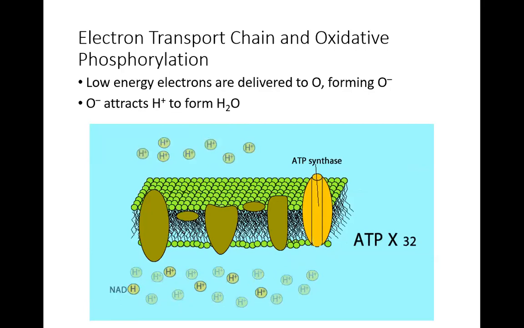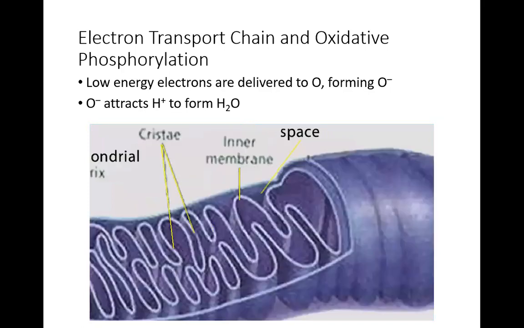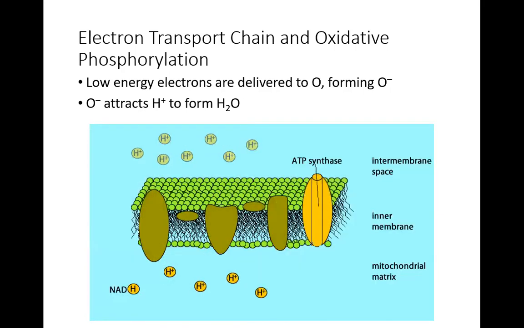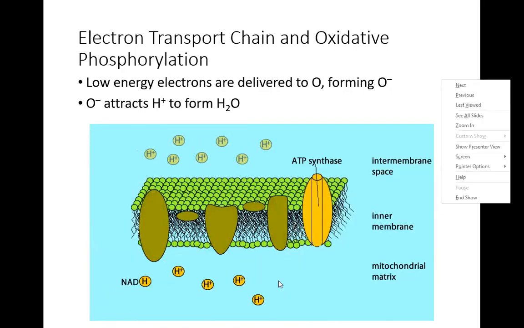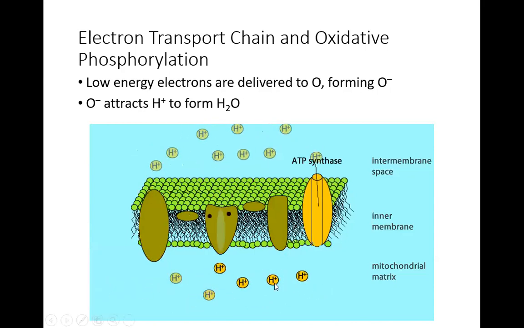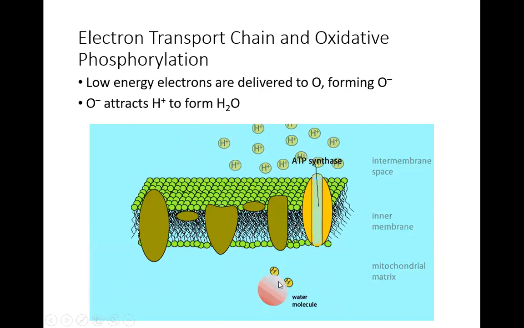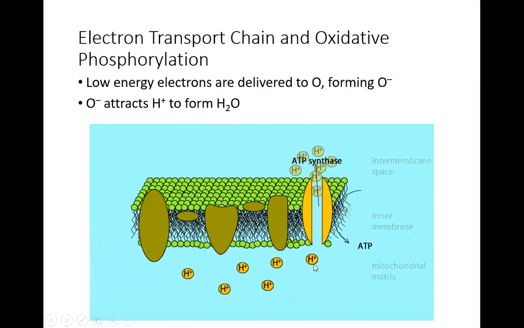The hydrogens, when they come through, combine with the low energy electrons, and they're grabbed by the oxygen that's available. This is where oxygen finally works for us at the level of the membrane. Our oxygen shows up, grabs hydrogens, grabs electrons, and makes water.